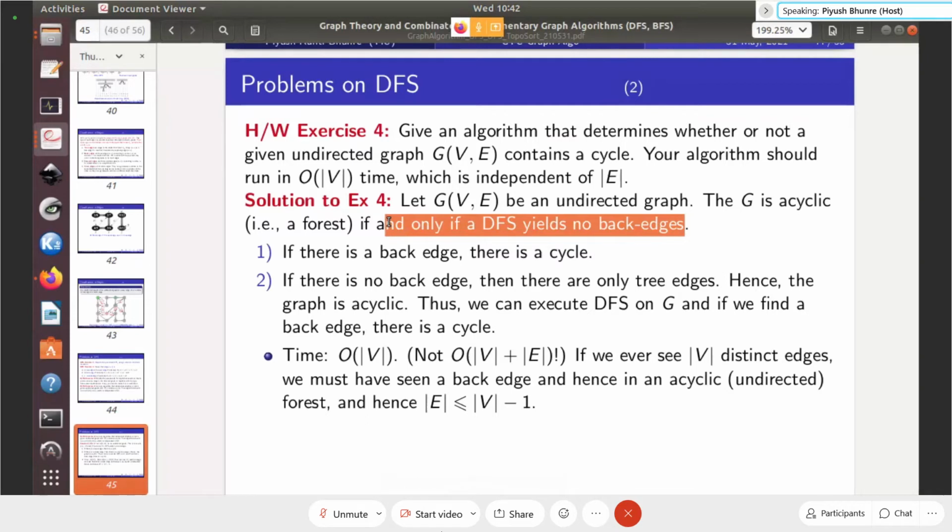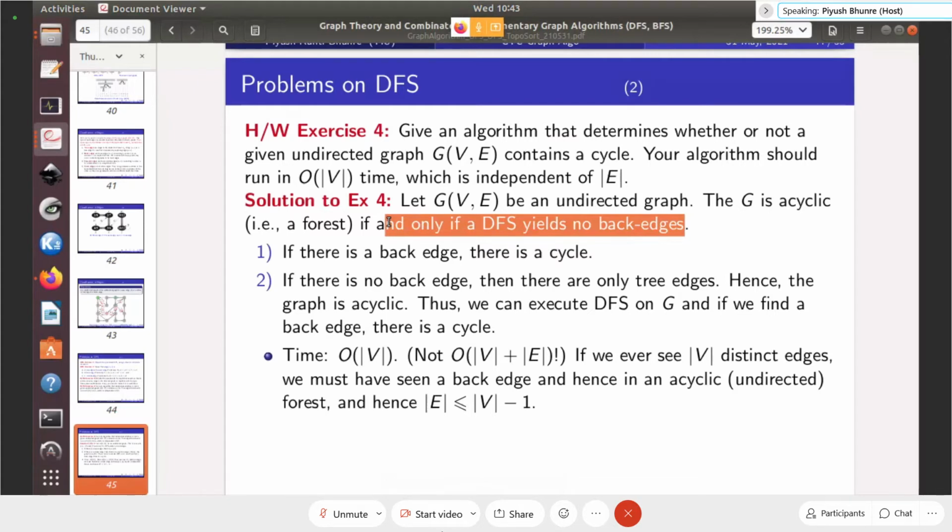So as soon as there is a back edge, that means a cycle, it cannot go beyond time n, right? That's why this algorithm will run in big O of V time always, because if there is such a back edge, the number of edges discovered at that time is bounded by the number of vertices in the graph.